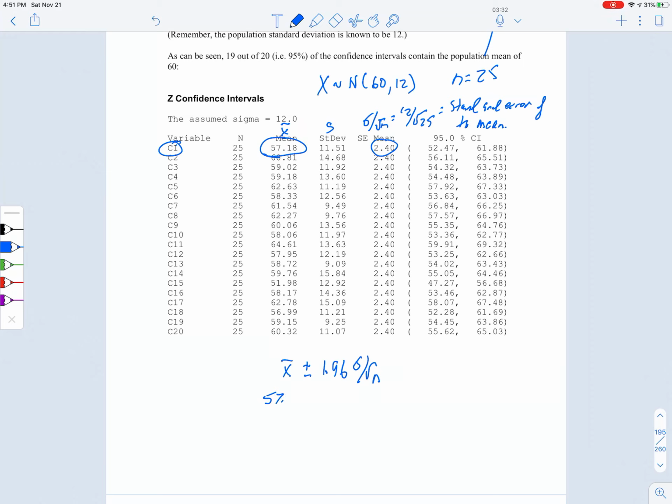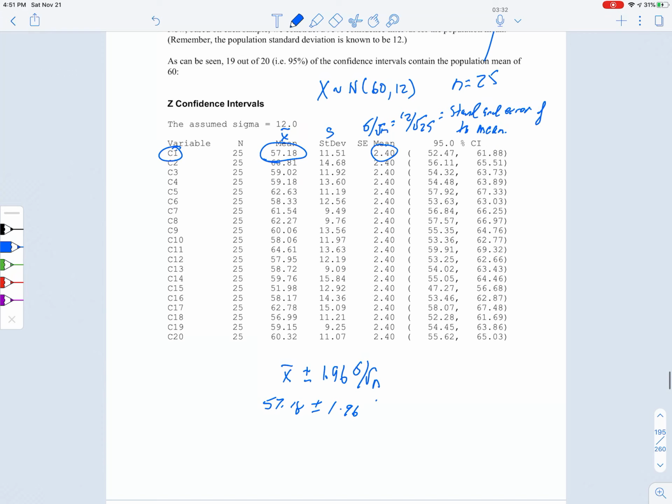So this is 57.18 plus and minus 1.96 times sigma over the root of n, which is 12 over the square root of 25. That's that 2.4. And what that gives you here then is these guys, which are the lower bounds and the upper bounds. 52.47 and 61.88.